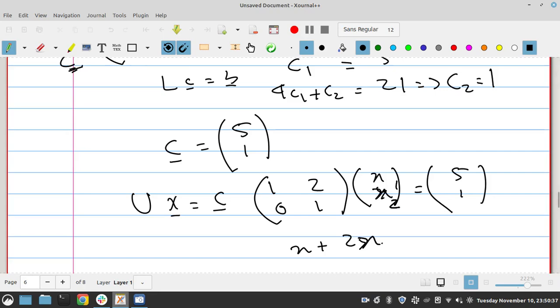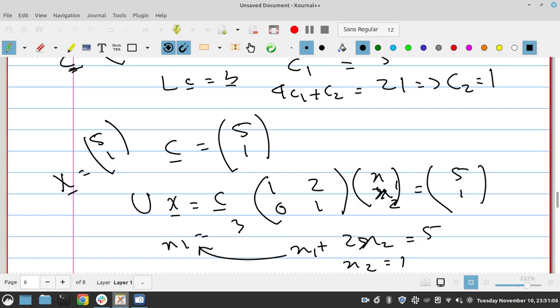So X1 plus 2X2 equals 5 and X2 equals 1, which gives me X1 equals 5 minus 2, which is 3. So in 2 steps I get X equals 5 and 1.